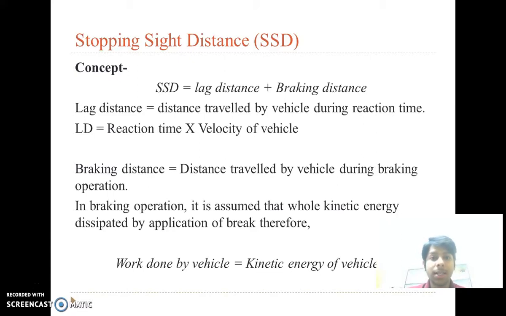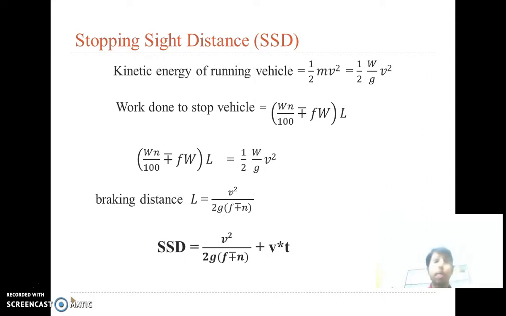So the total energy is friction work plus heat plus sound energy. But here we just assume that the total kinetic energy of the vehicle is converted into the friction force work done. Now by equating this we will get our braking distance. So what is our kinetic energy?